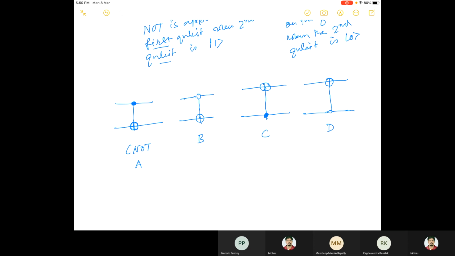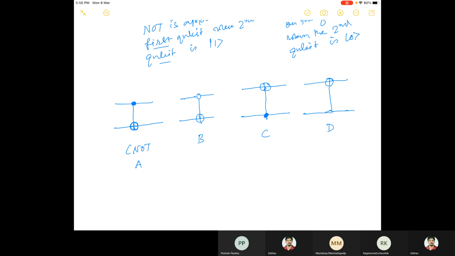Here, these horizontal lines also look like wires, but they are not wires actually in quantum computing. There is no wire in quantum computing as such, but the icons have wires like the classical gates.